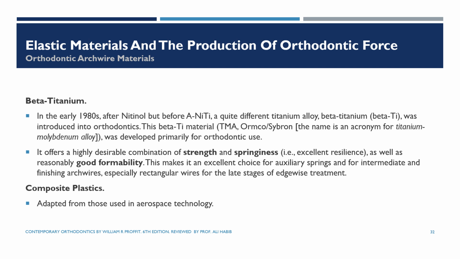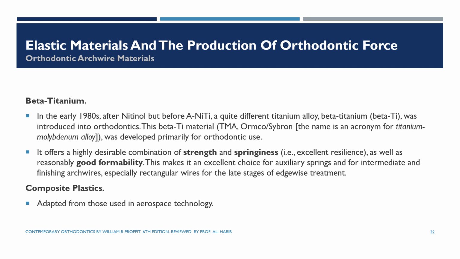There's another type of wire, which is the beta titanium wire. After nitinol was introduced, the regular M-NiTi, and before the introduction of A-NiTi, a new wire made of a different titanium alloy, beta titanium, was introduced into orthodontics.